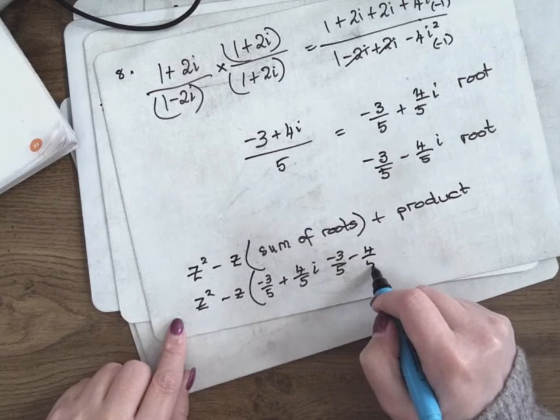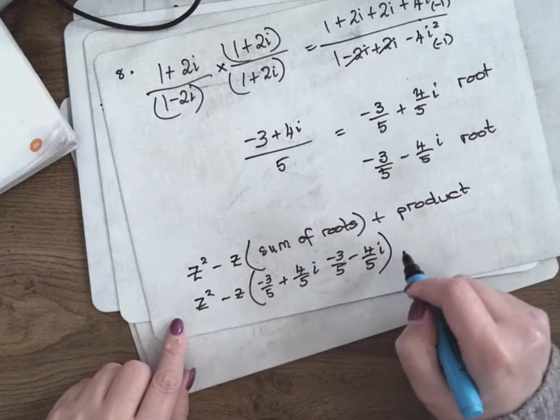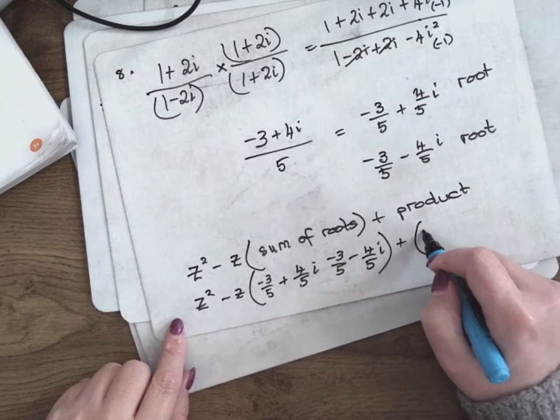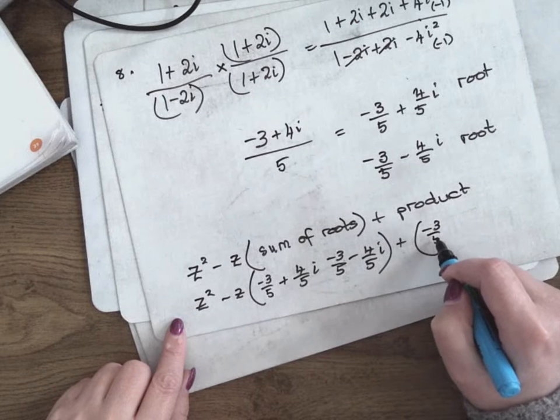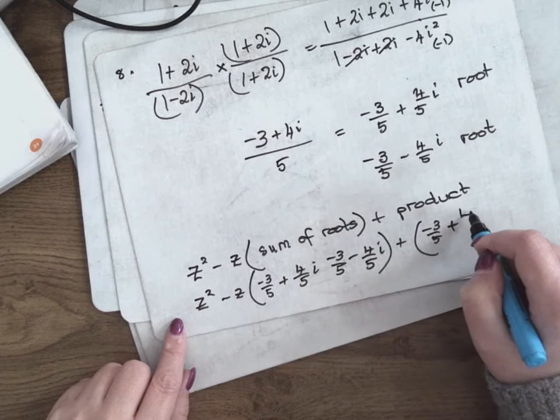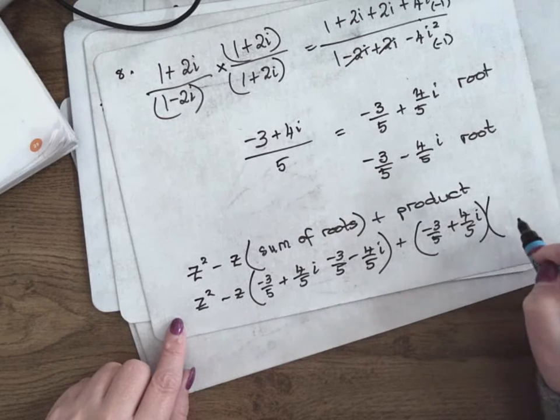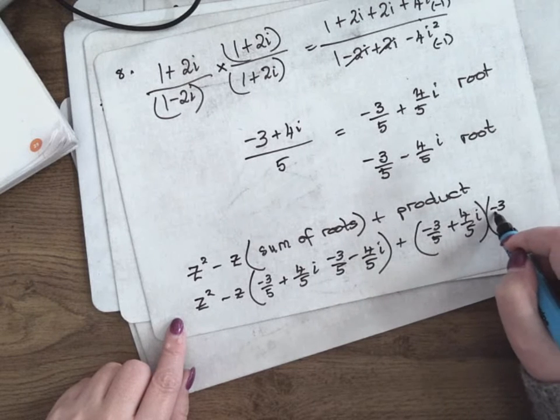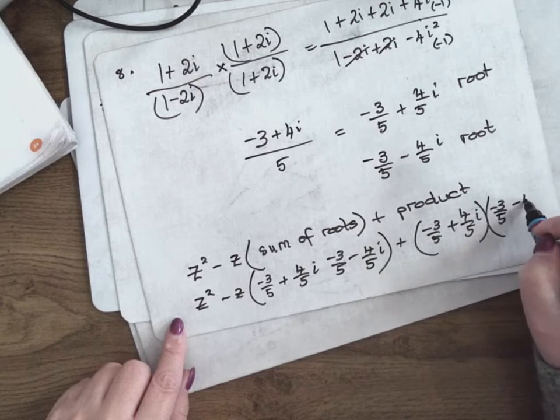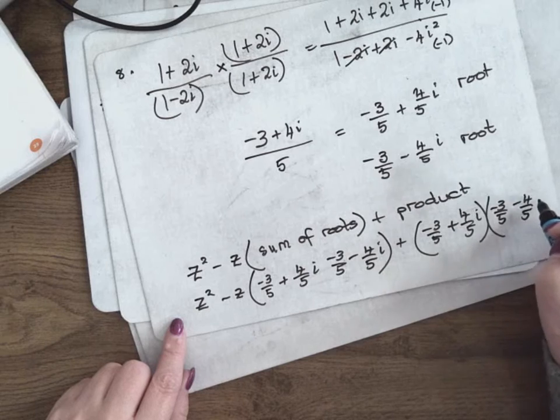The product of the roots is multiply those: minus 3/5 plus 4/5 i, multiplied by minus 3/5 minus 4/5 i. It's just a pain with the fractions.